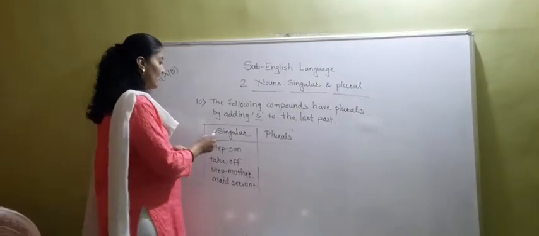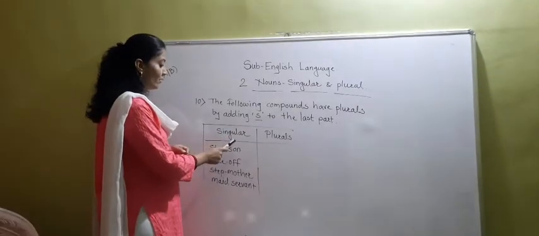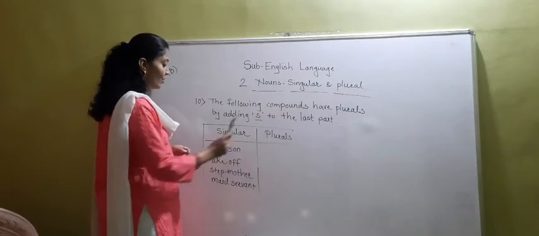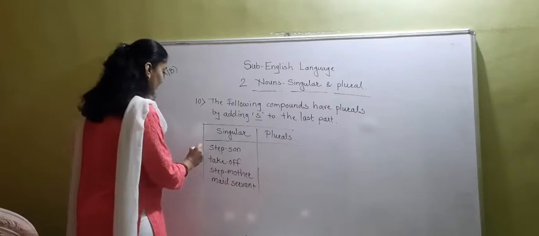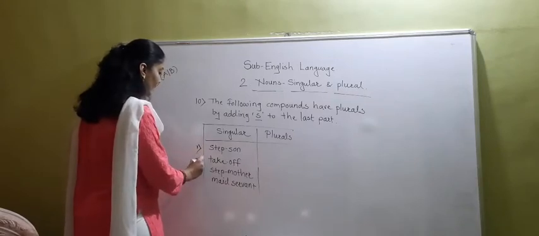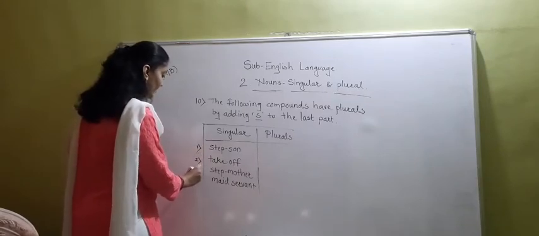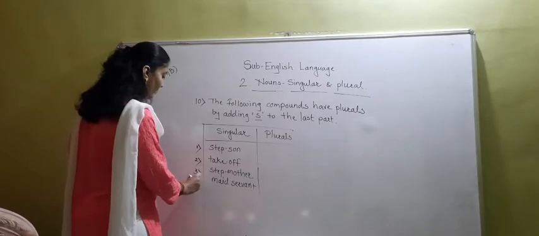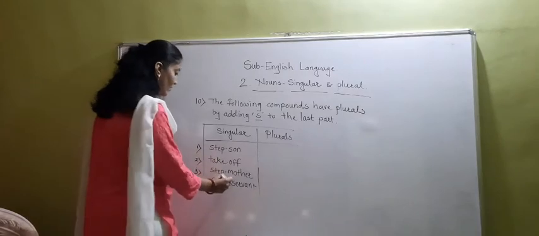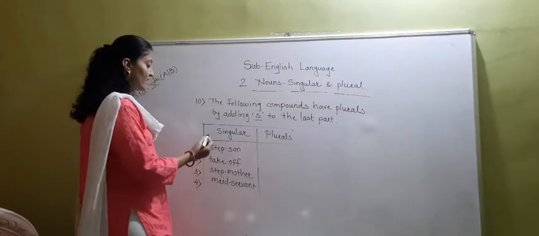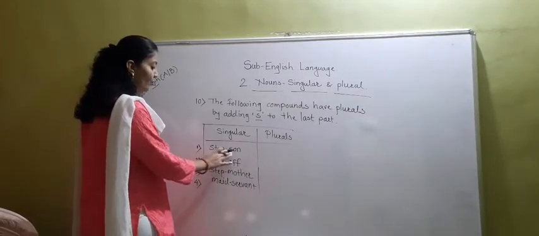Now see, here I have drawn one table of singular and plural. The first word is stepson. Second is take off. Third is stepmother. And the fourth one is maidservant. In these words you will see that two words are put together.